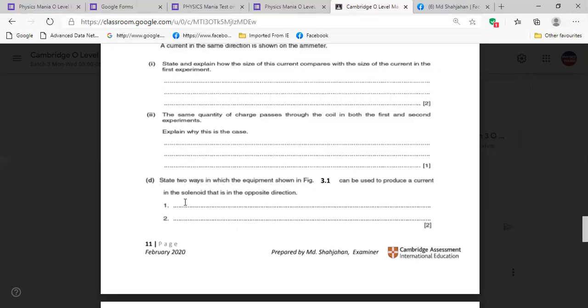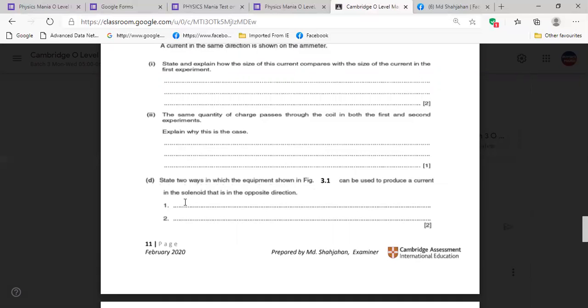And we can remove the North Pole. Yes, we can remove the North Pole from the solenoid, or we can take away the North Pole from the solenoid.